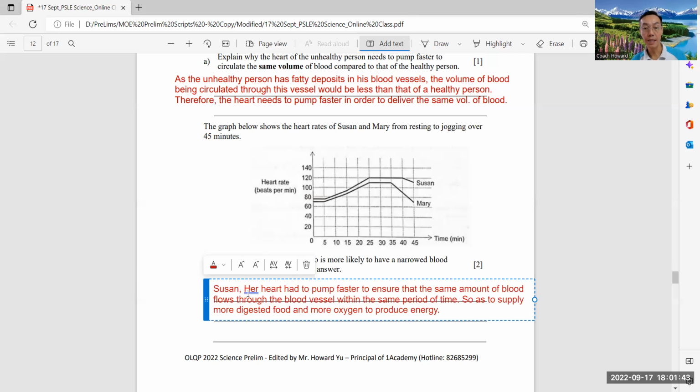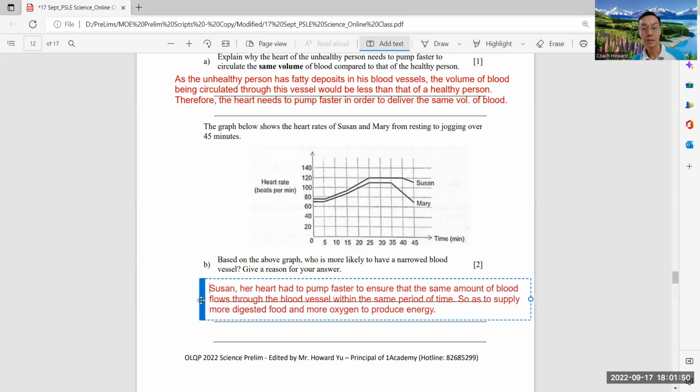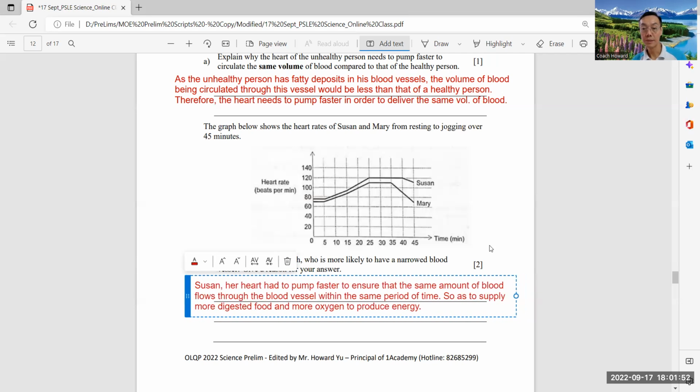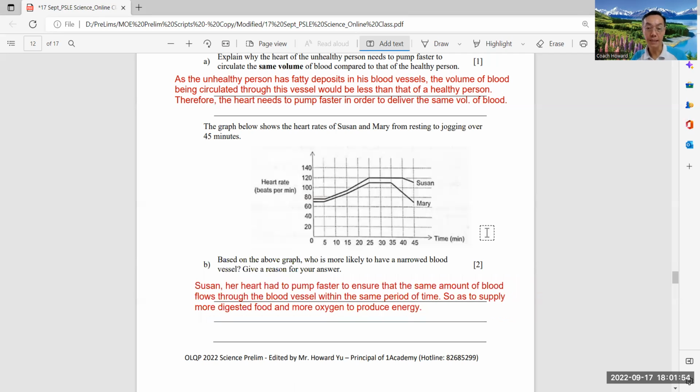You say her heart has to pump faster in order to ensure the same volume of blood flows through the blood vessel within the same period of time, so as to supply more digested food and more oxygen to produce energy.